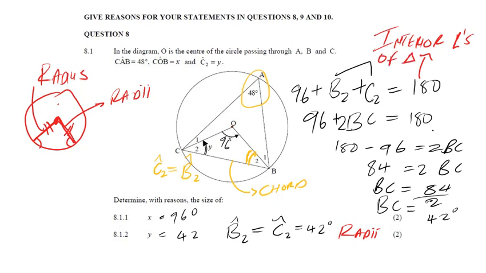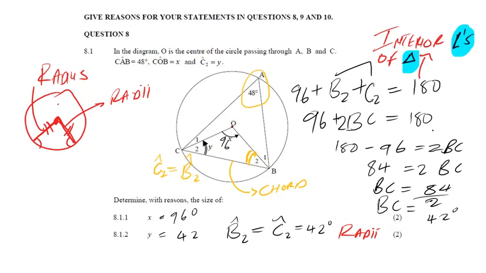For sure you know this symbol means angles, and this means triangle. So interior angles of a triangle add up to 180, or the sum of the angles of a triangle is 180. You can use any definition.